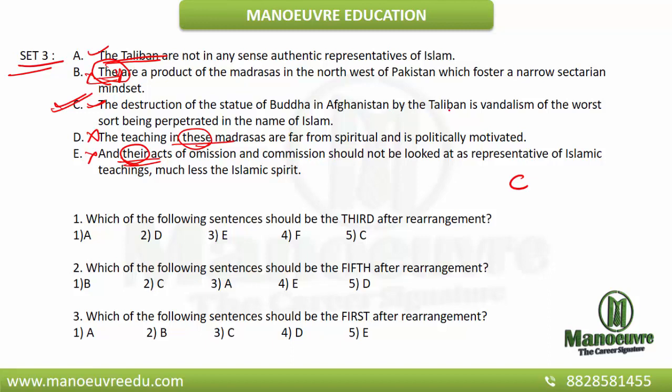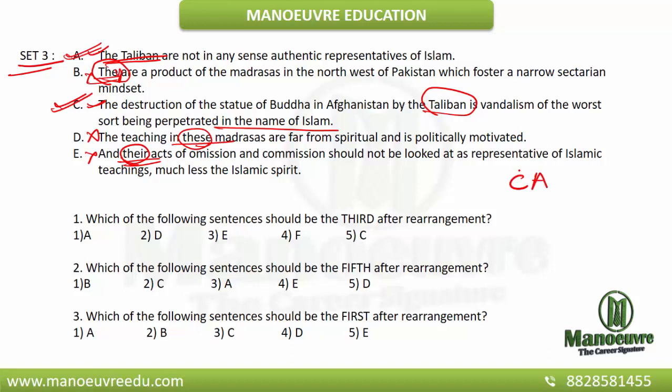Here I have already mentioned that the Taliban are vandalizing the statues of Buddha in various places, spreading terror all around the world, and doing it in the name of Islam. In the second statement, I am contradicting what I have already said: the Taliban are not in any sense authentic representatives of Islam. So this is going to be my second statement.